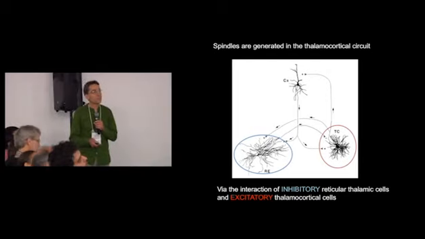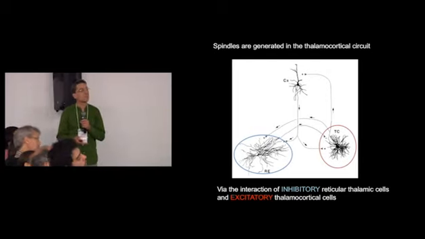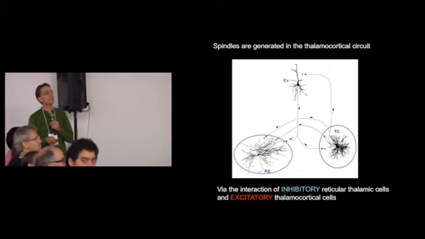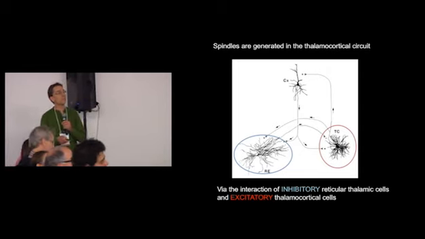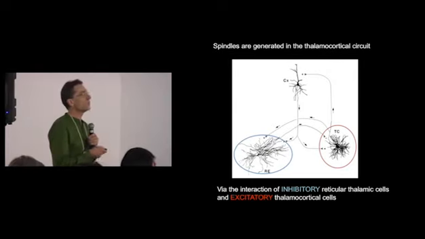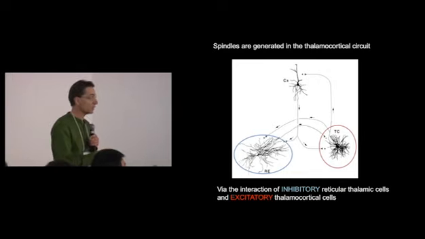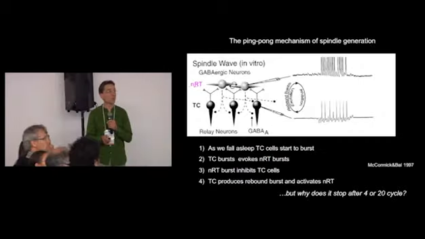Very early studies already showed that spindles arise as an interaction between the excitatory thalamocortical cells and the inhibitory reticular thalamic cells. So if you simply lesion the cortex, spindles still go on because these two neuronal populations can talk to each other. So how does it go?